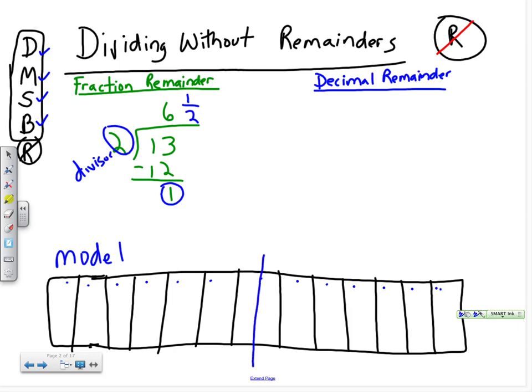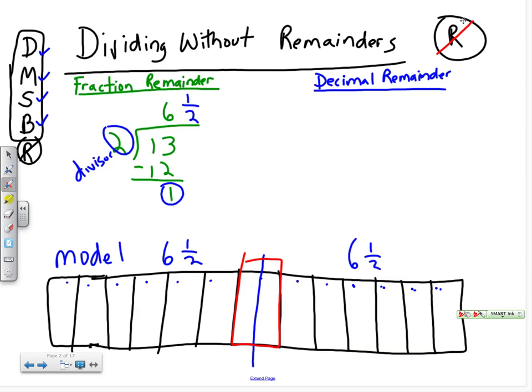And the other 1, 2, 3, 4, 5, 6 and a half is right here. So I can see that 6 and 1/2 plus 6 and 1/2 gives me all these 13 bars. So that half comes from this one leftover piece in here. Does that make sense? Yeah.